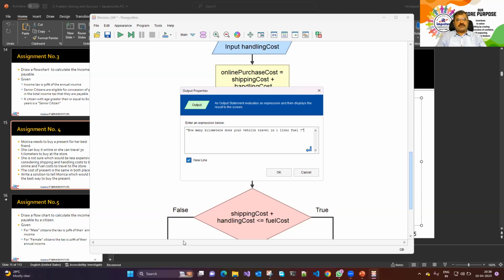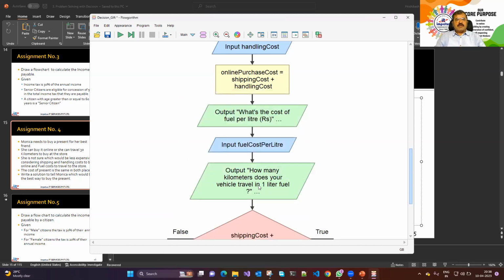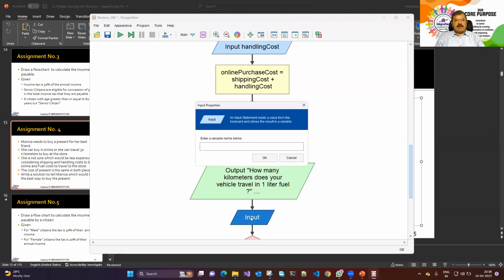I'm asking the question to you. Kilometers does your vehicle travel in 1 liter of fuel? Okay. Will I accept that as well? It's per liter.